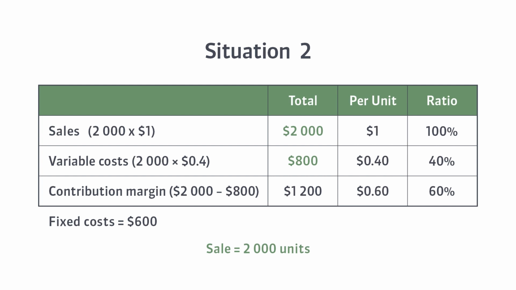As you can see, the value of the contribution margin shown as a per unit value and the ratio has not changed at all. What actually has changed is the total value of the contribution margin. Interesting, isn't it? Remember this, we will use it during the seminars.